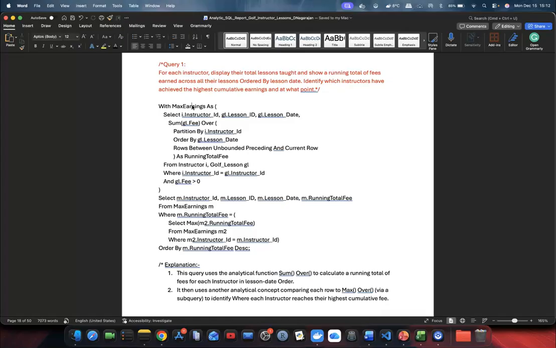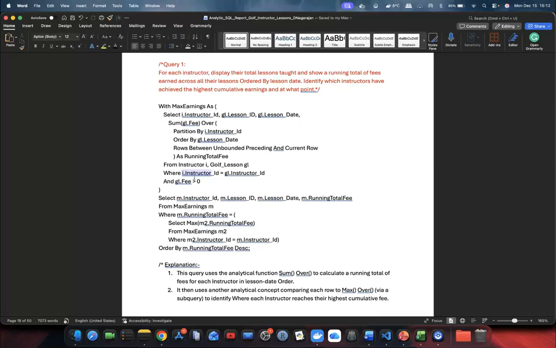Inside this common table expression, the FROM and WHERE clauses join the instructor and golf lesson tables on the primary key, which is instructor ID, and keep only the lessons where the fee is greater than 0. That gives one row per paid lesson for each instructor.